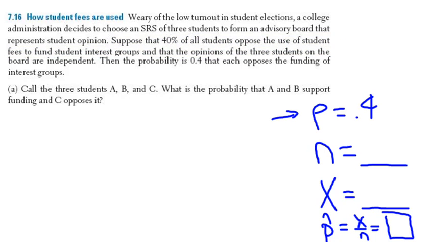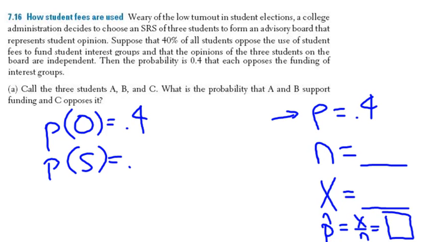Further, it says that the probability that a student opposes this idea is 0.4, and since this is the complement of supporting it, so O is the complement of S, it means the events are disjoint, okay, means they can't be independent.